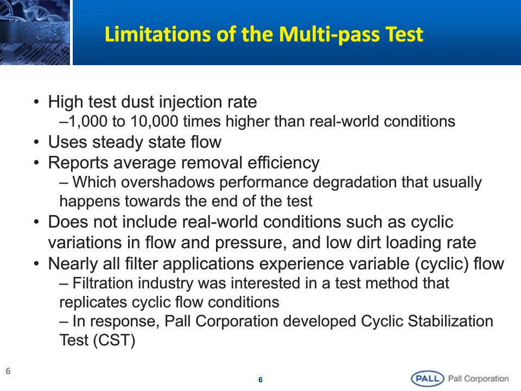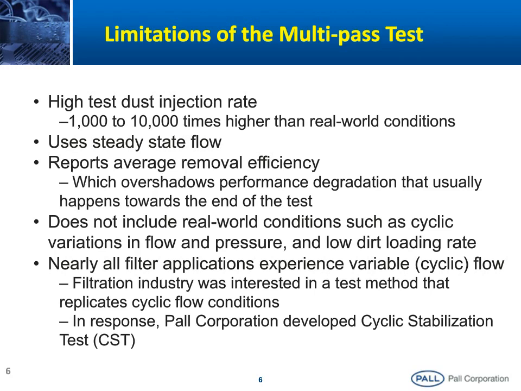The dust injection can range from 1,000 to as high as 10,000 times the rate at which the filter experiences in the real life application. The downside of high dust injection rate is that it tends to mask the deficiencies in filter performance.